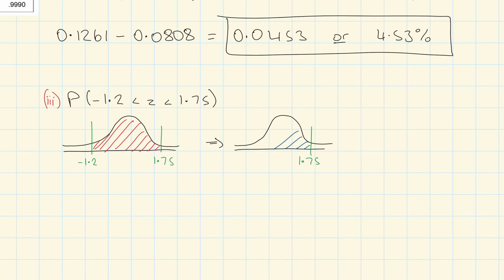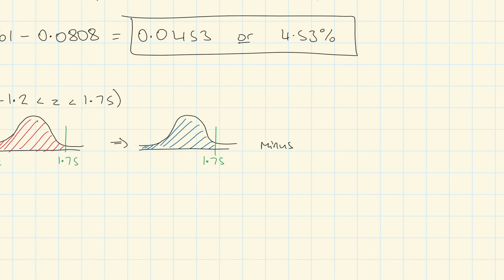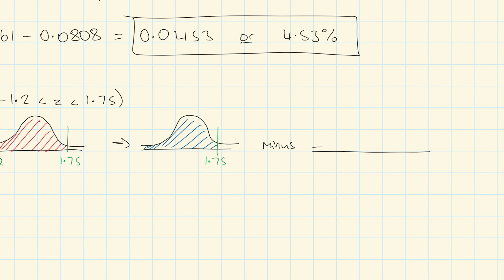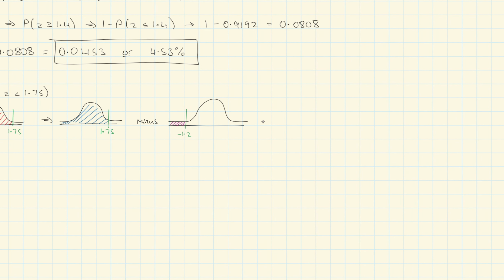So that'll give us everything there to the left, and we can subtract then the area to the left of minus 1.2. So what we have here, and that will give us the balance then, which is what they've asked for.